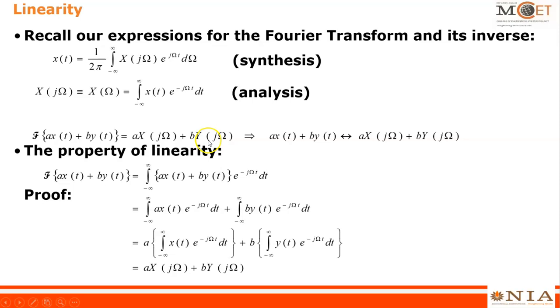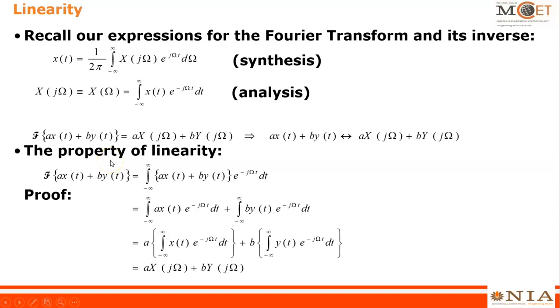So with respect to this property, a X of j omega plus b Y of j omega is the Fourier transform of the added function a x of t plus b y of t. So here it is written there.